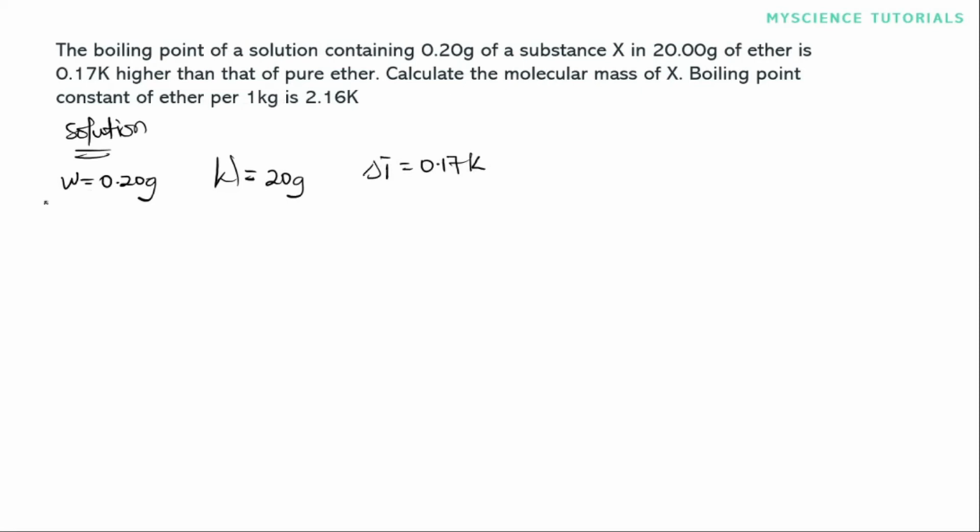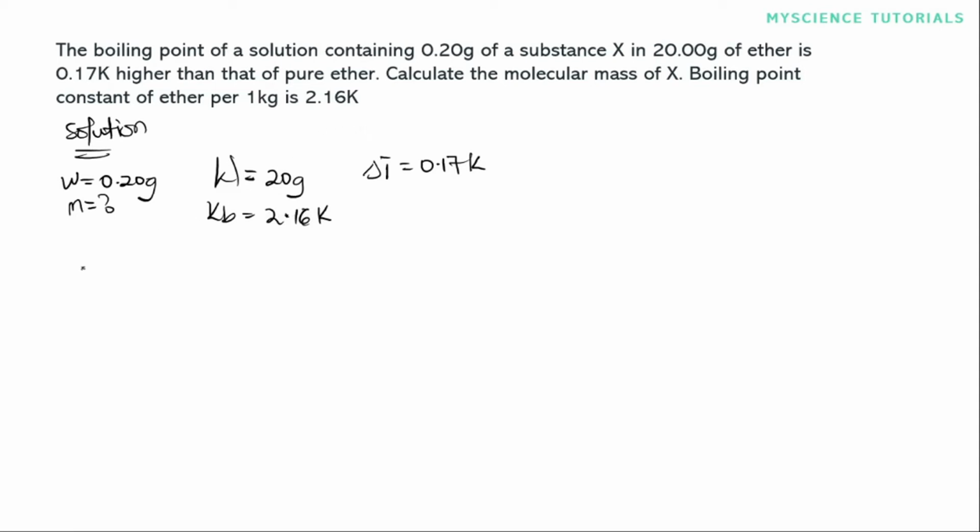Calculate the molar mass, so we have to find small m of X. Boiling point elevation constant is given to us, so our Kb is 2.16 Kelvin.